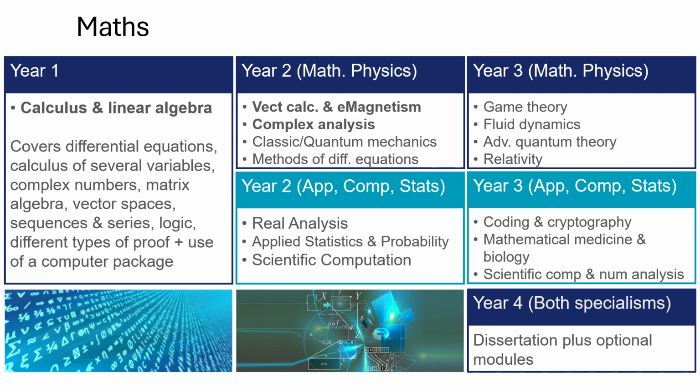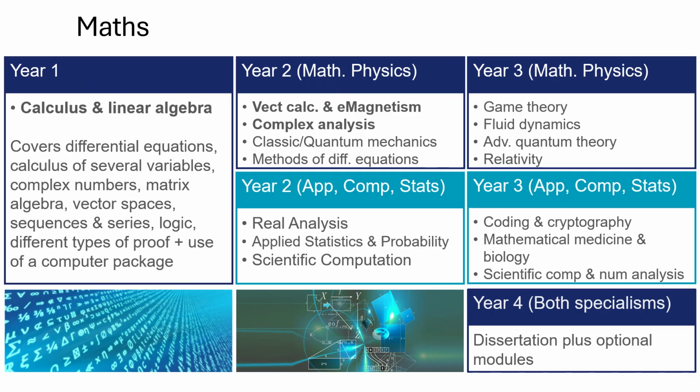In the third year, you have again a variety of optional modules to choose from. For example, coding and cryptography. This course will provide you an introduction to coding theory, in particular to error correcting codes and their uses and applications. And it also provides you with an introduction to cryptography, including classical mono and polyalphabetic ciphers, as well as modern public key cryptography.